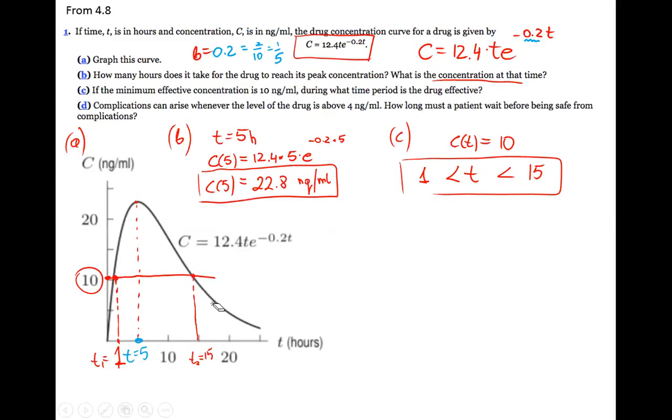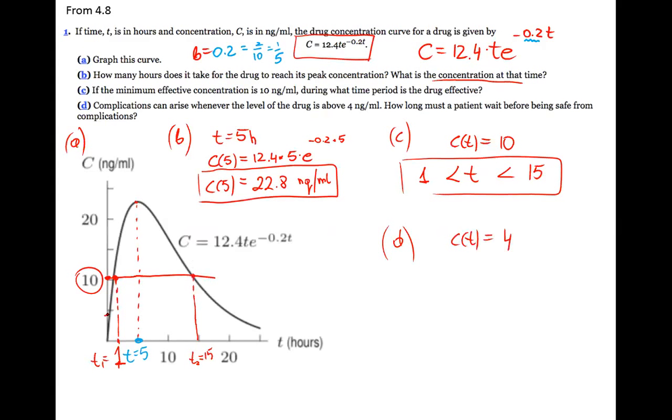Okay, and now what is the question? Complications can arise whenever the level of the drug is above 4 nanograms per milliliter. How long must the patient wait before being safe from complications? Okay, that's similar to part C. C of t is 4.